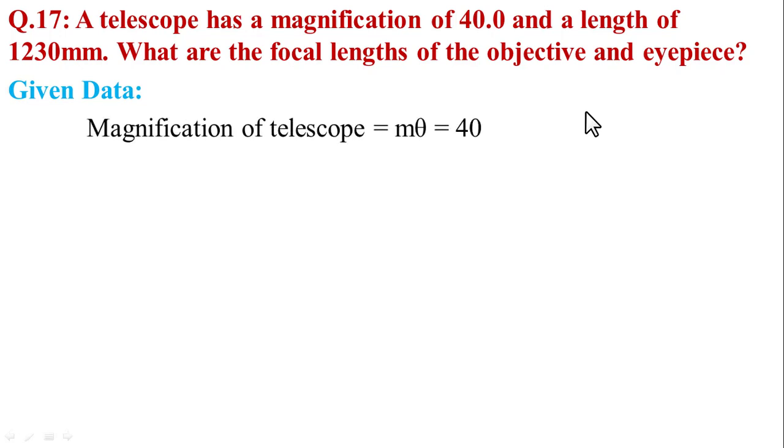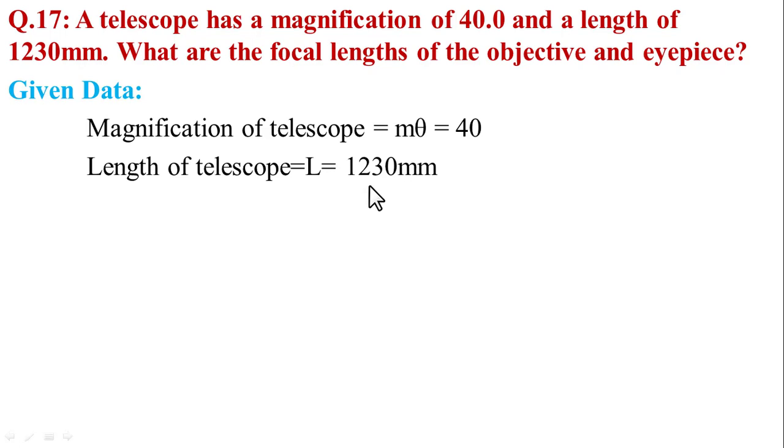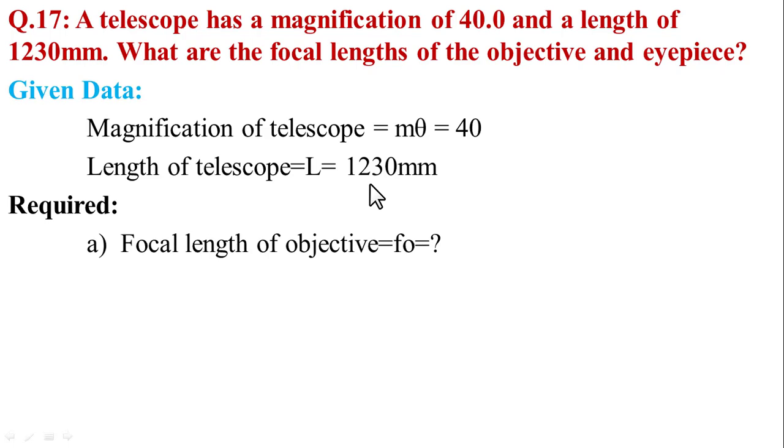Magnification of telescope m theta is equal to 40, and the length of telescope L is equal to 1230 millimeters. Now we are required to find the focal length of the objective f naught and the focal length of the eyepiece fe. So both are to be calculated.